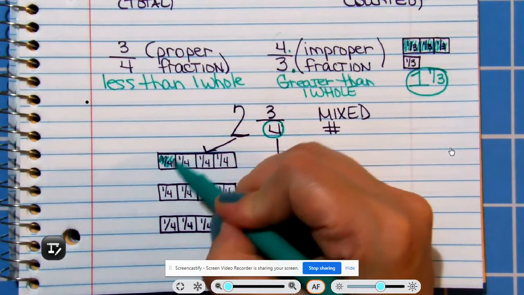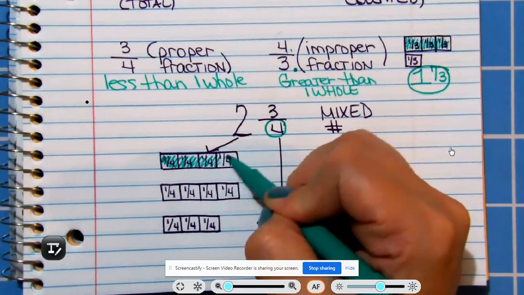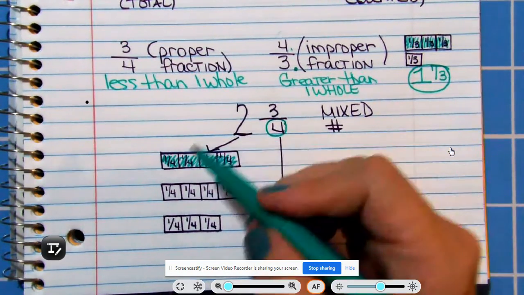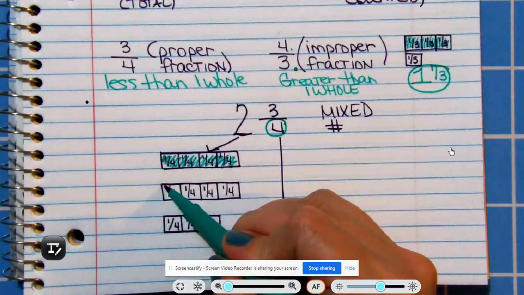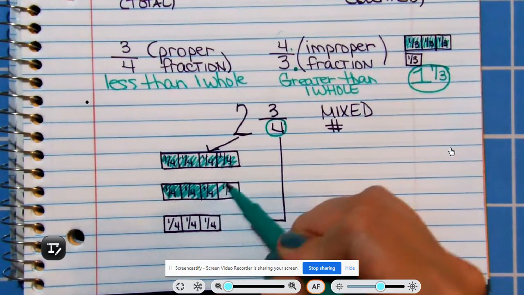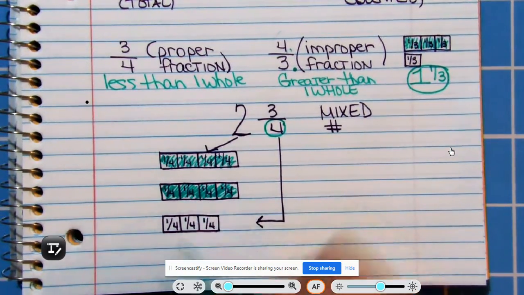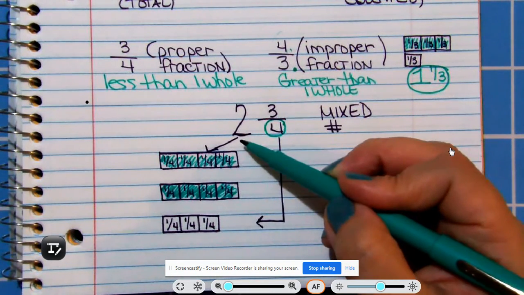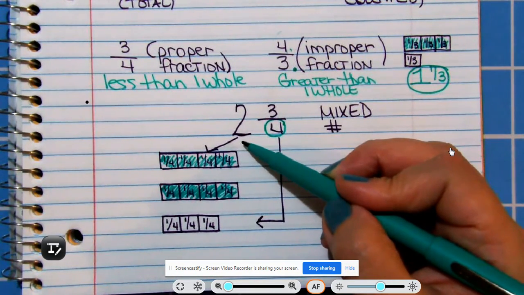So 1 whole is 4/4. That takes care of one of those. We have another 1 whole. So that's another 4/4. 1 whole and 1 whole. That's where this 2 comes from.